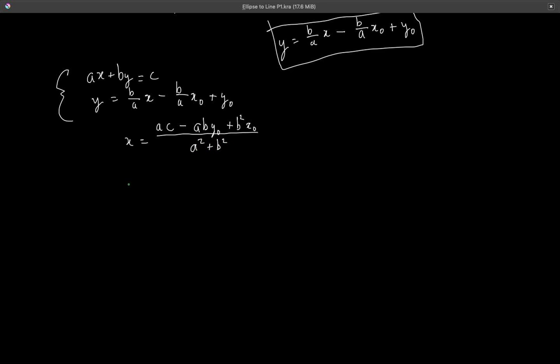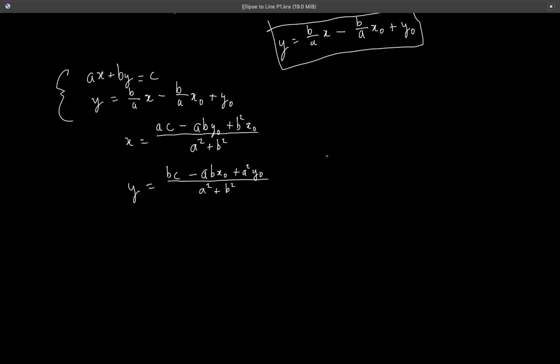And our y coordinate is bc minus abx0 plus a squared y0, divided by a squared plus b squared.